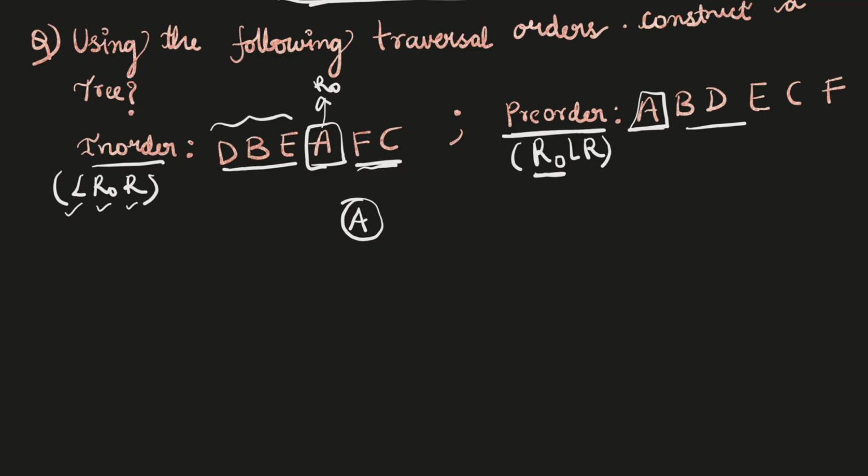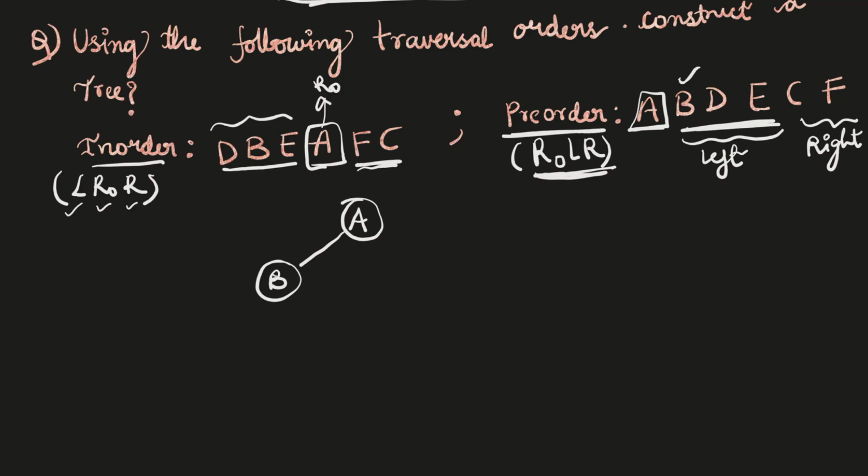See, this is the thing. Now from this we know that this is the left part, right? And this is the right part. Okay. Now from this we can easily tell that the root part is the B because it will obviously follow root left right. So root is B.